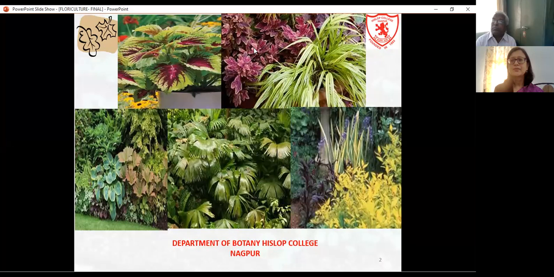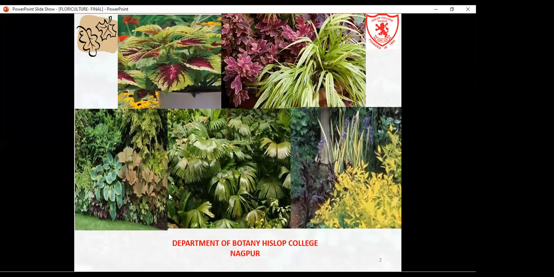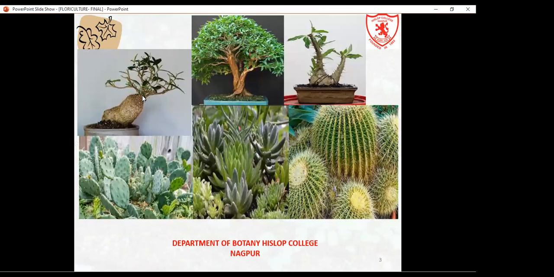Now, foliage are these leafy plants, as you can see on the slide. And these plants are also very important because of their beauty as leaves. They are very ornamental, they are decorative, and they are also very costly. So floriculture will include flowers, these foliage leaves, the bonsai, which all of us are quite aware of, and also the cactus.